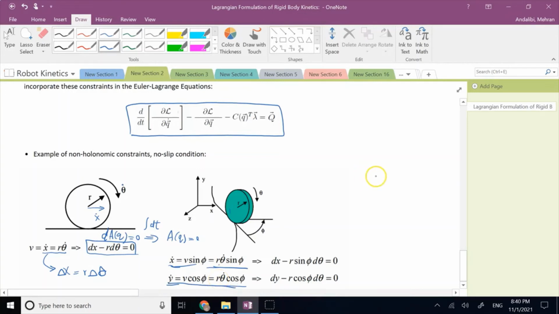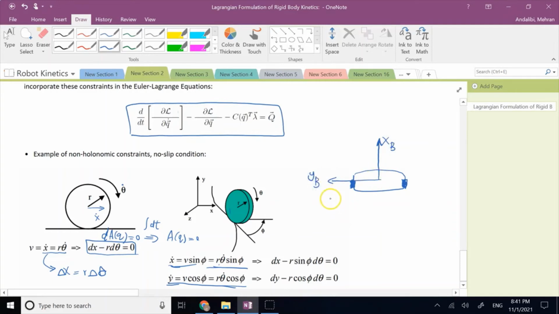Or if, let's say, you have a robot, a mobile robot with one tire here and then one tire here, this robot cannot move laterally if it's a differential drive robot. It can only move along this axis, which you can call x of the robot, x of b, and this is like y of b.